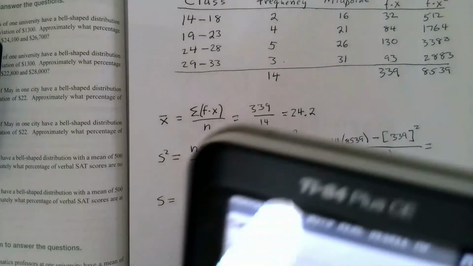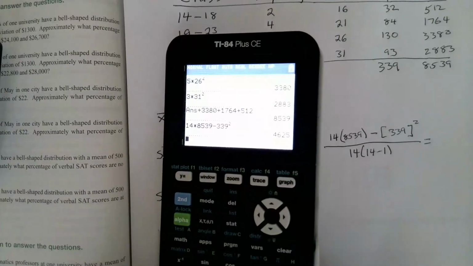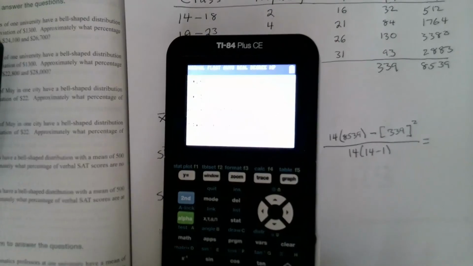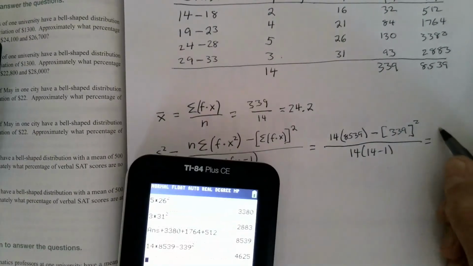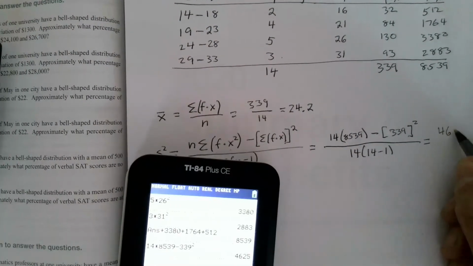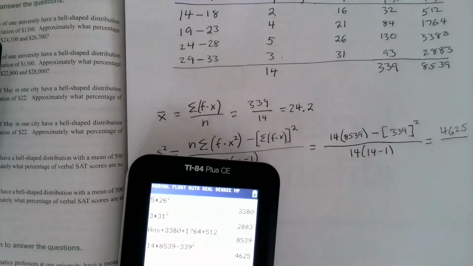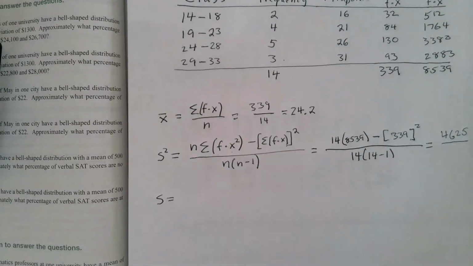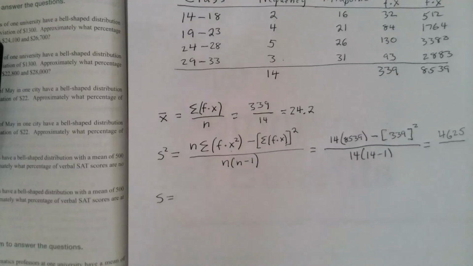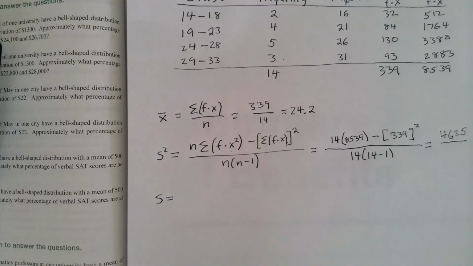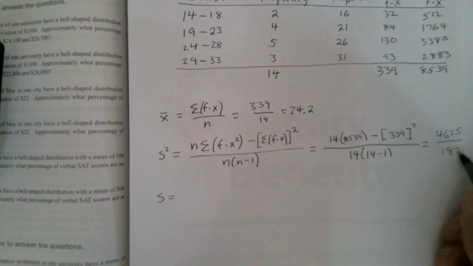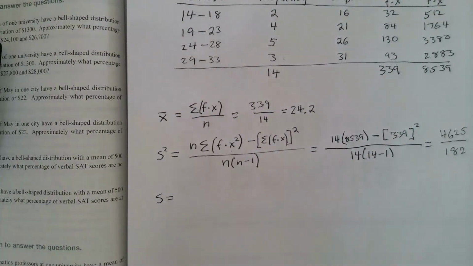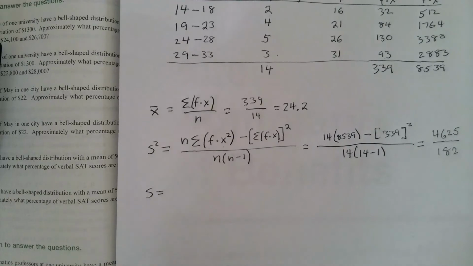So I'll calculate the numerator. 4,625. The denominator will be 14 times 13. Now when we divide, this will give us our sample variance.